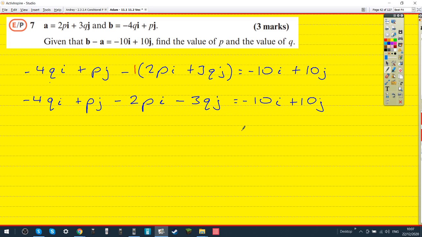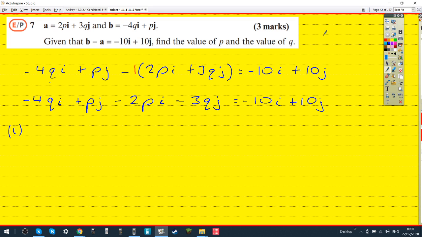And then would you simplify? I don't believe you can. Is there any equation you can make? Or just consider the I direction. What do you mean when you say I direction?